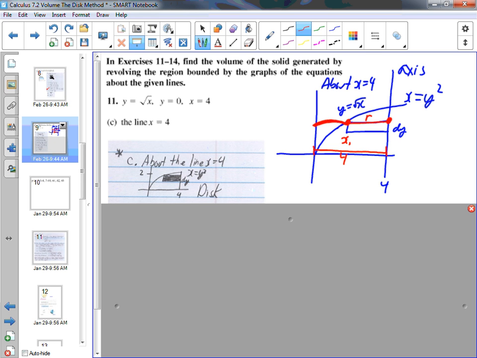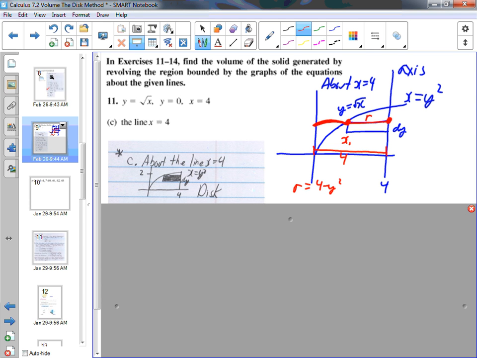Look, if I could, I would call the radius 4 minus x. But can I integrate that considering I've got a dy? Nope. So instead of 4 minus x, I put 4 minus what x equals, y squared. So r is 4 minus y squared. Now this is big, and this is fairly complicated. Let's face it, it is. Y'all following me on why that's the radius?